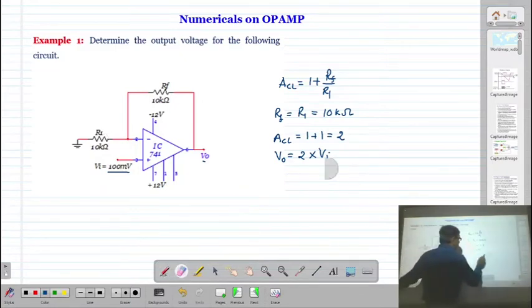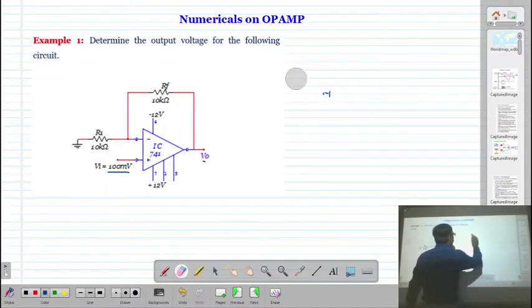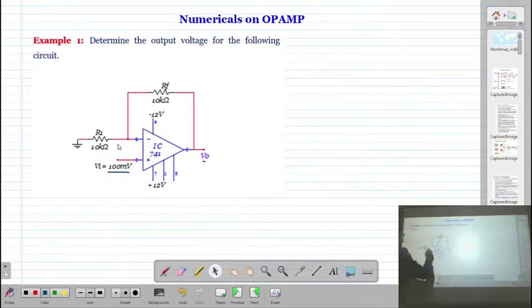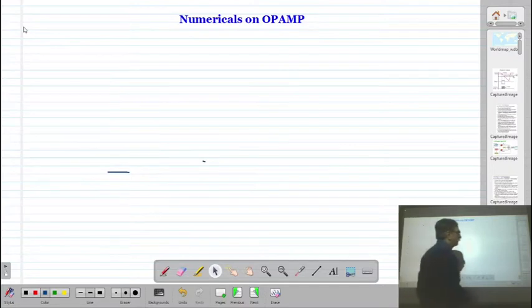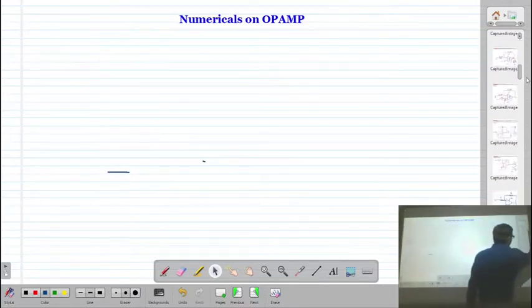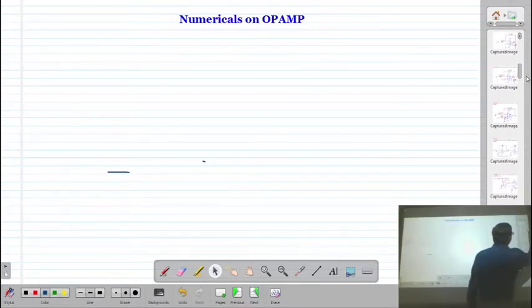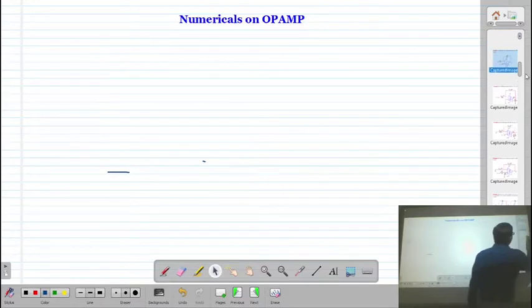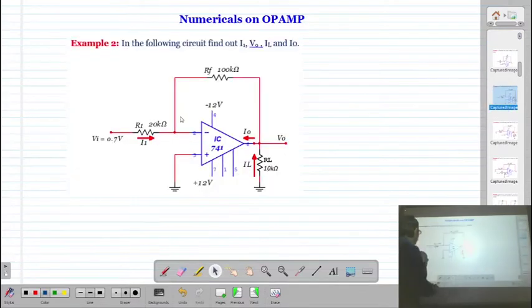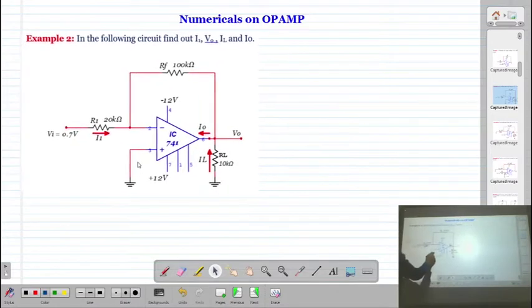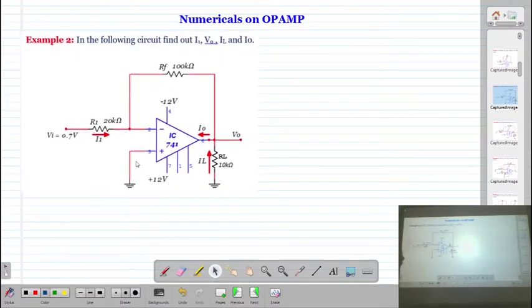Now let us see another example. In the following circuit, find out I1, VO, IL and IO.